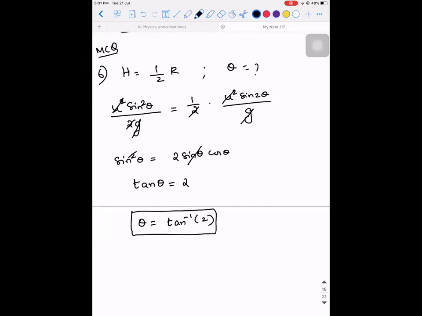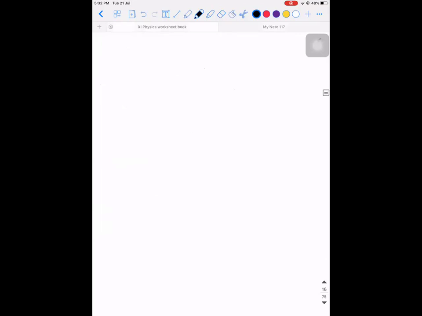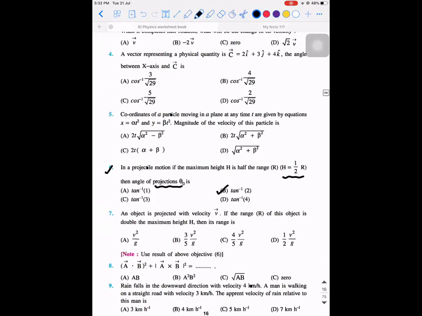Did you understand? So tan theta is equal to 2, which implies theta is equal to tan inverse of 2. Let us check the option. The option is the second one, tan inverse of 2. Any doubt in this?